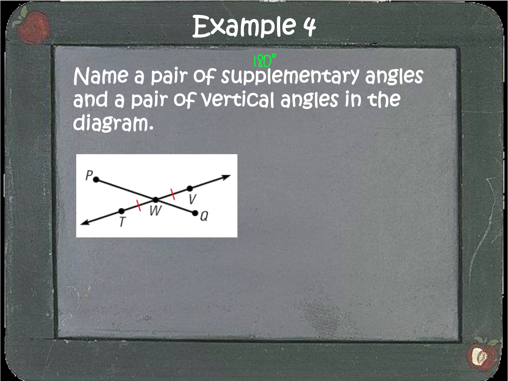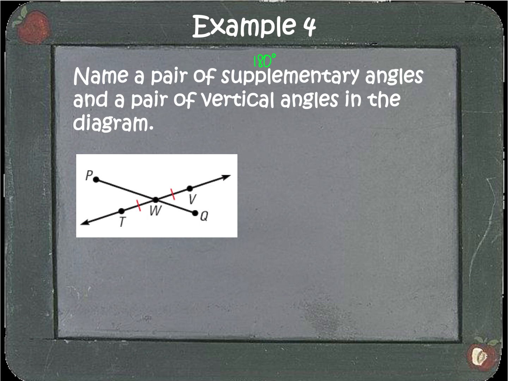What does it mean when something's vertical? Vertical angles. If I have vertical angles, how can I remember that they're vertical? Christian? They form an X. I see an X here, but I still wouldn't be able to tell what vertical angles are.